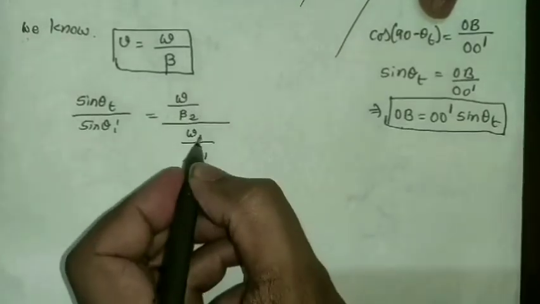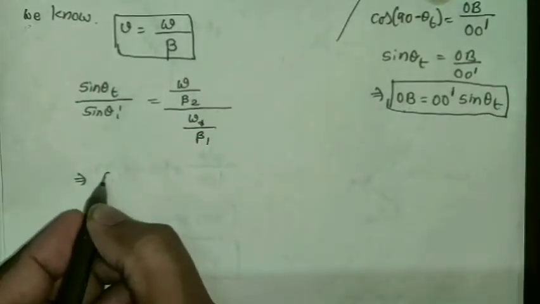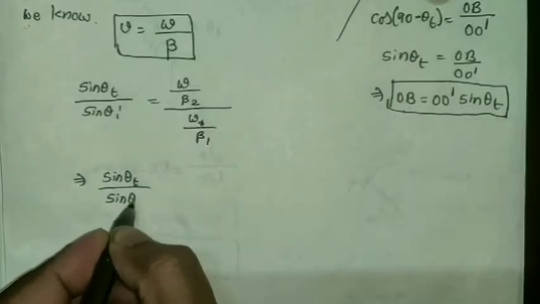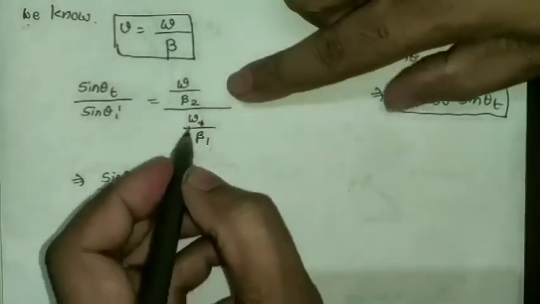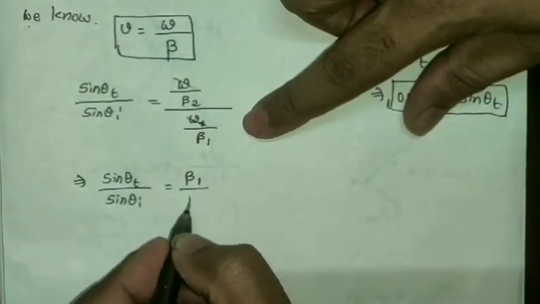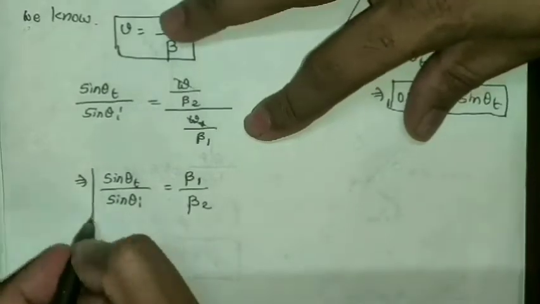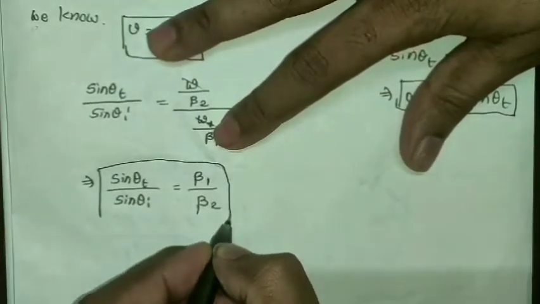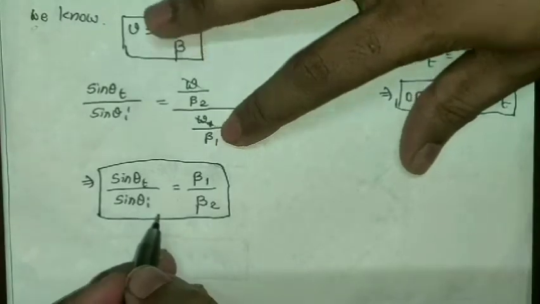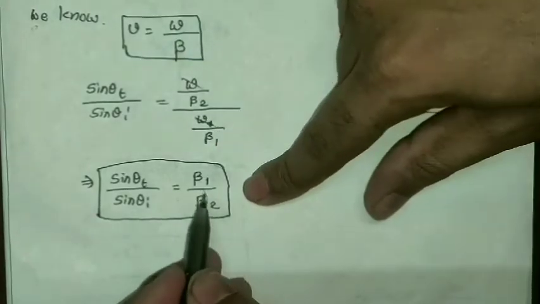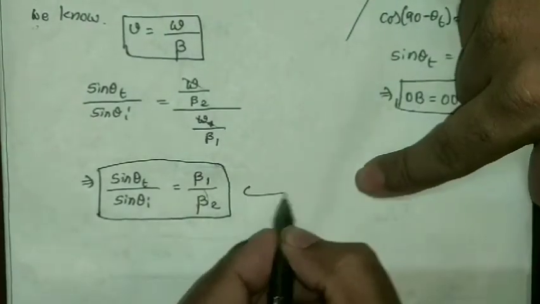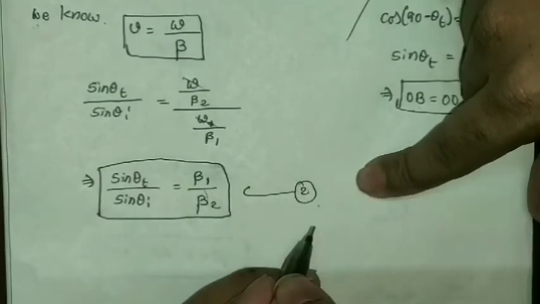Since the angular velocity is constant, omega cancels off, and the resulting expression is beta 1 by beta 2. So this gives that the ratio of the sine of θt and θi gives you the ratio of the phase constants of medium 1 and medium 2. Again, this is a very important representation.